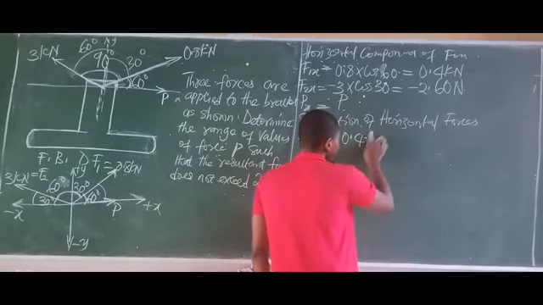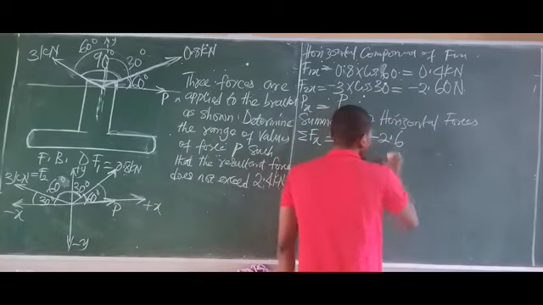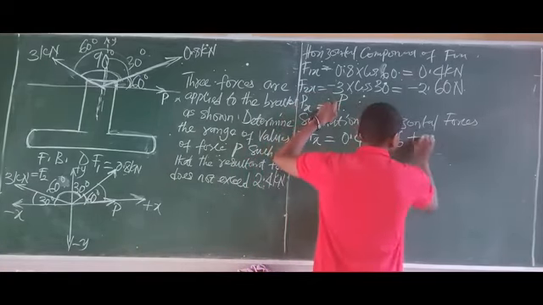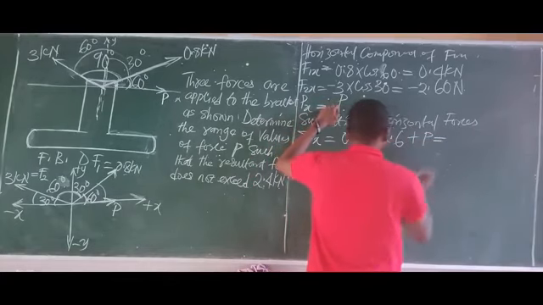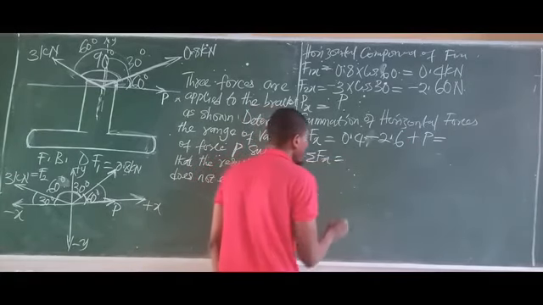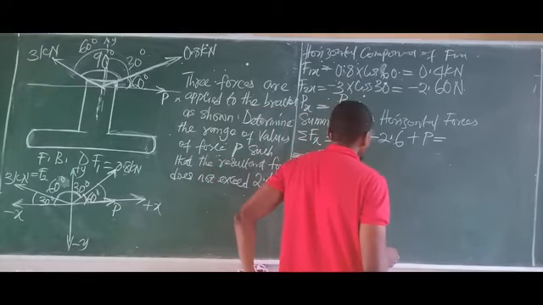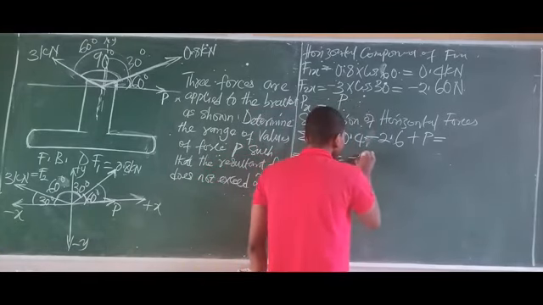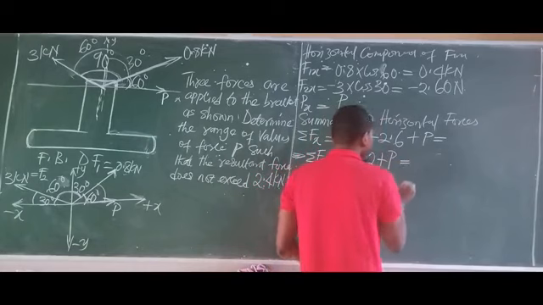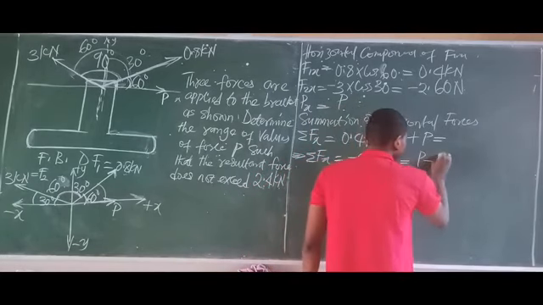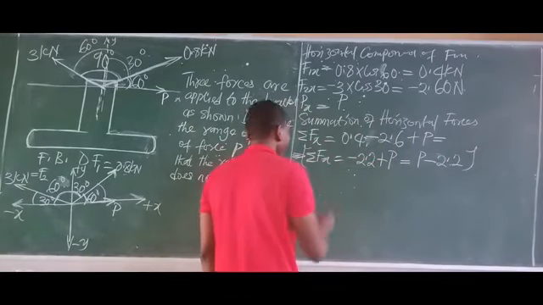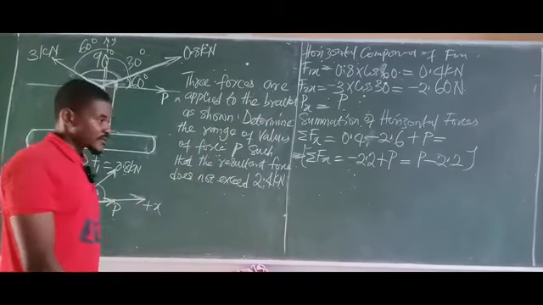Put it down, so this becomes minus 2.6 and not plus, and then Px remains P, so you put it down plus P. This implies summation Fx is now equal to 0.4 minus 2.6, that will give us minus 2.2, plus P, and you can conversely write this as P minus 2.2. So keep this equation aside. This is our resolution of force in the x-axis.